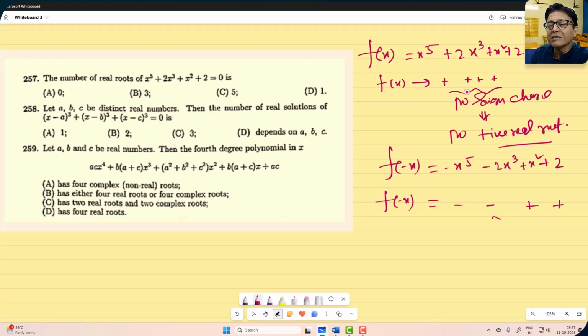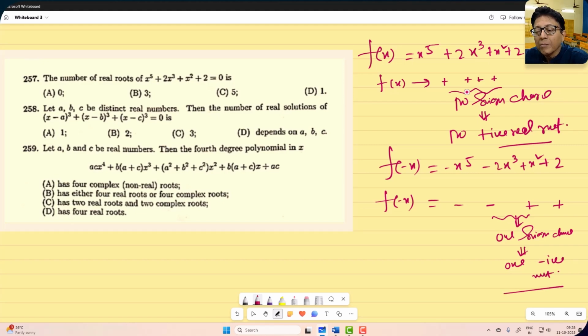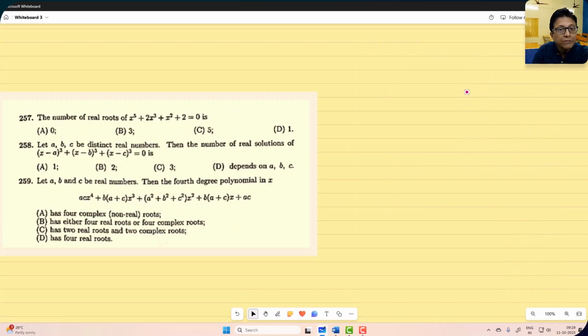Only one sign change. One sign change implies one negative root, because f of minus x, one negative root only. So answer is going to be D. This is very simple. Just use Descartes' rule of signs to get the answer.